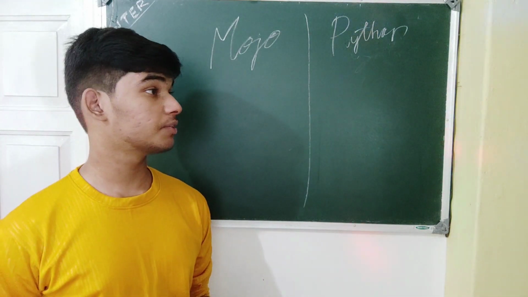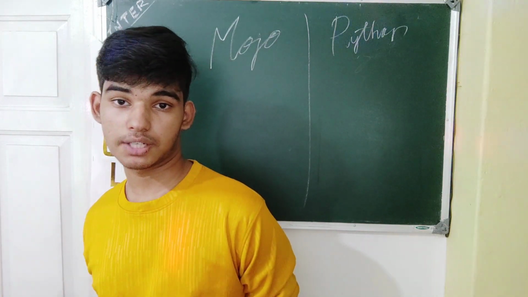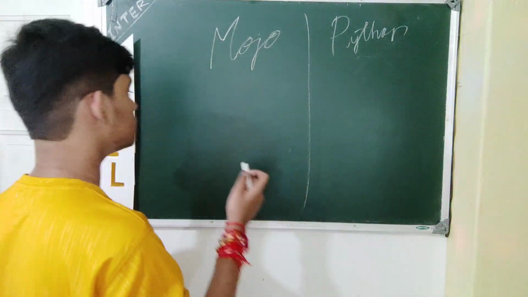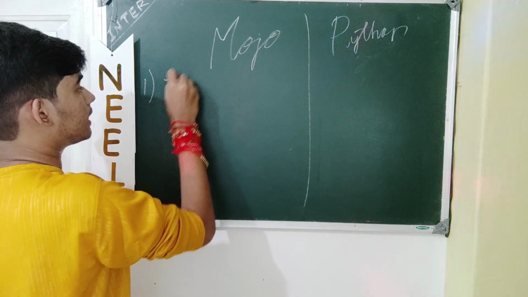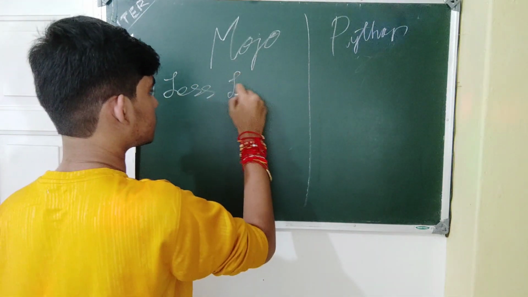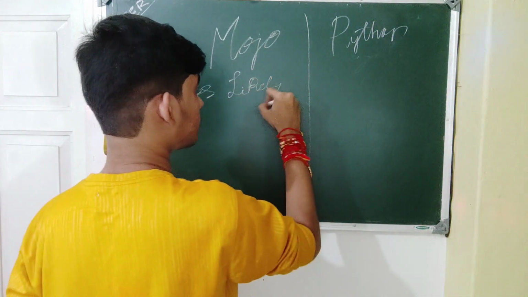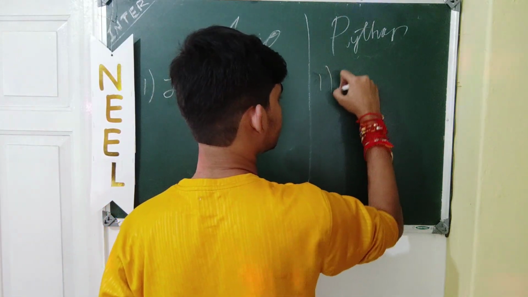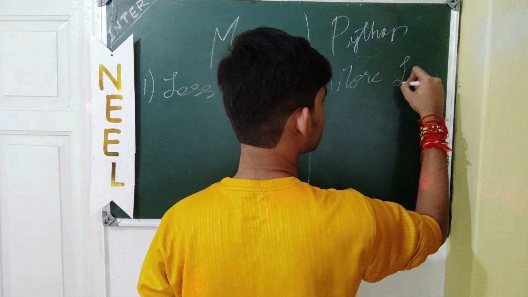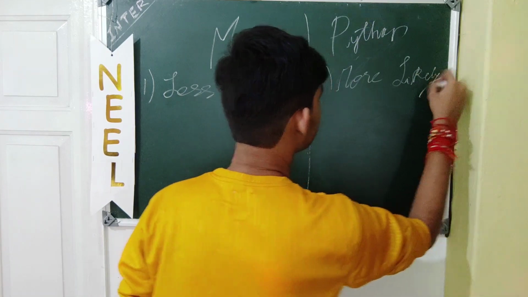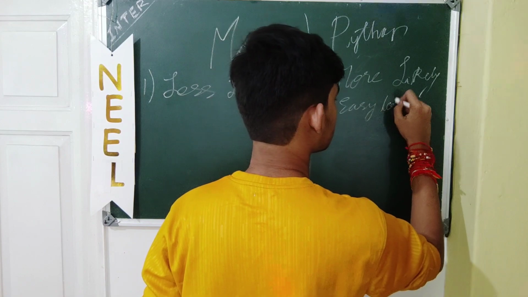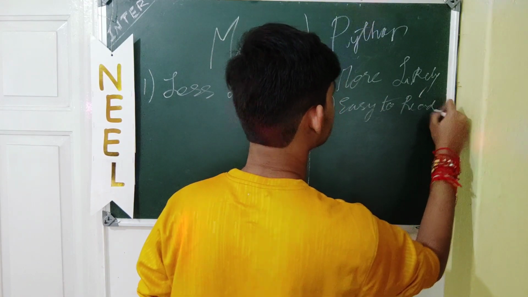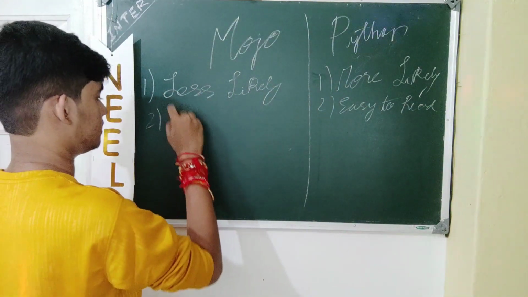This could lead to the code being easy and readable, but could lead to a lot of errors down the line. So Mojo is technically less likely to get errors. On the other hand, Python is more likely to get errors, but Python's code is easier to read. Mojo's code is not that easy.